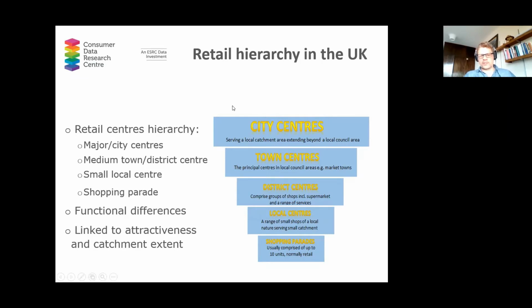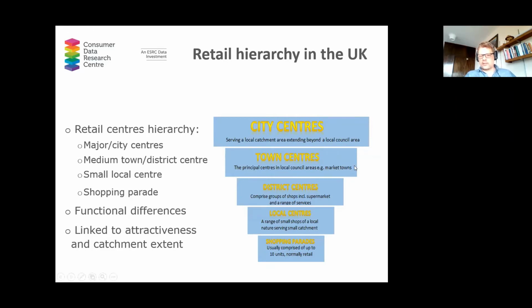There are different ways of creating these hierarchies as well, but let's just focus on the government one. So in terms of their hierarchy, at the top we have city centers. These are the largest centers, such as Liverpool city centre, Manchester, Leeds, Birmingham, central London, and so on and so on. And they typically serve very large catchments, extending much beyond the local council area.